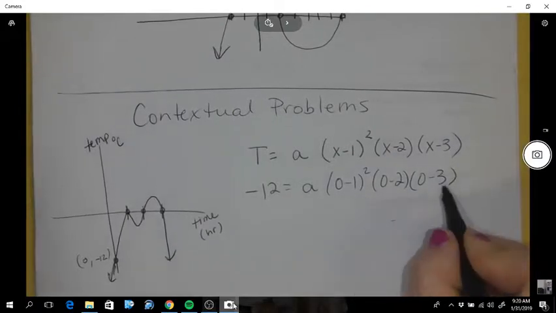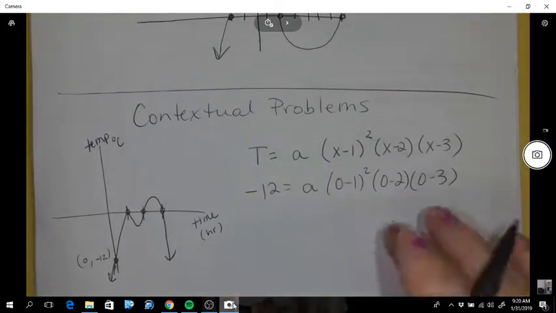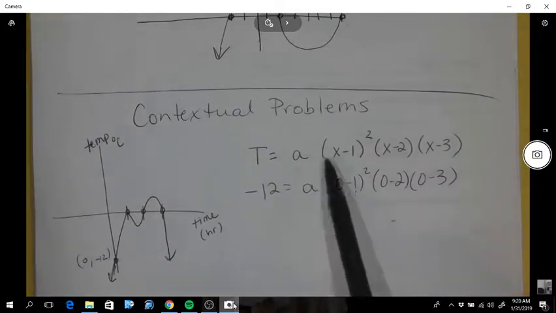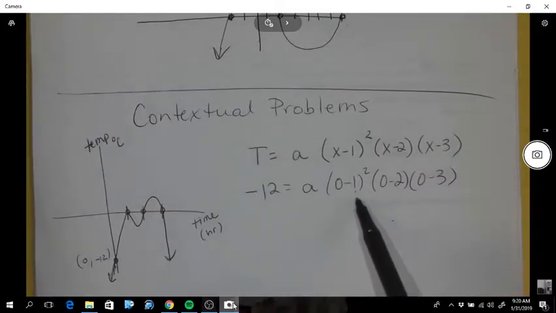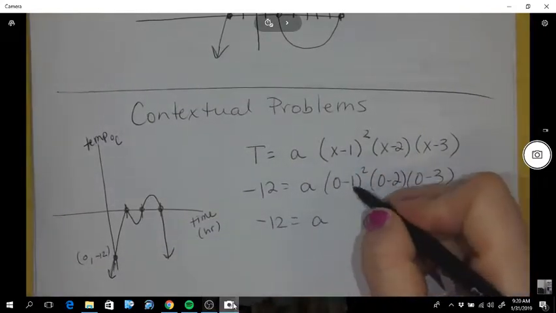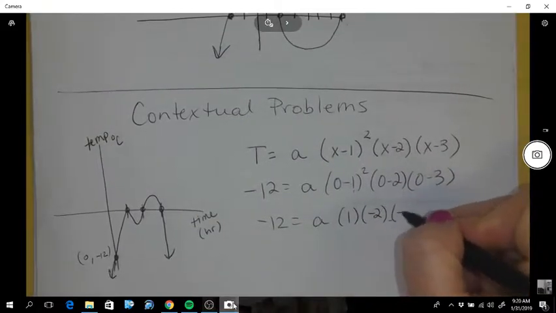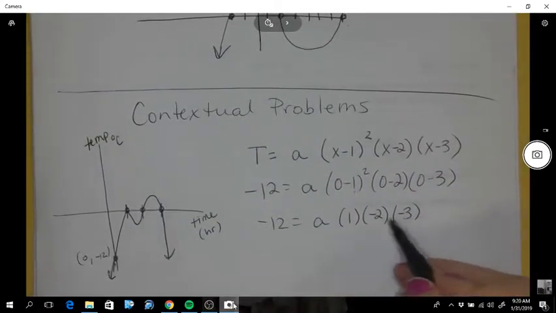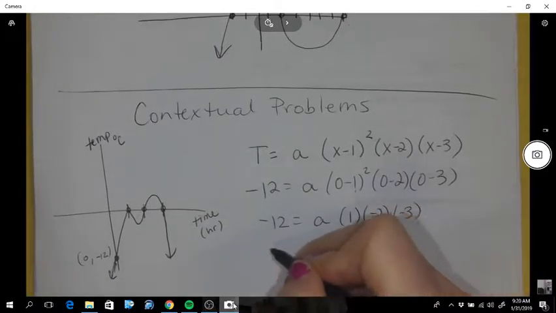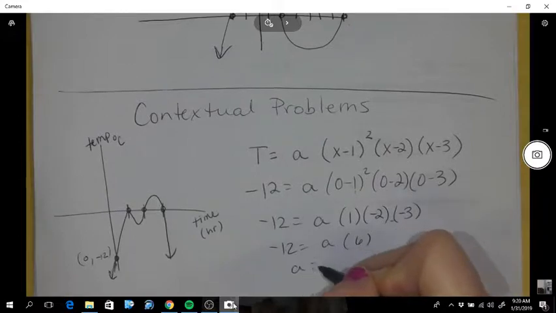So plug in 0 for the x, and the y value is -12, or in other words, the time is 0, and the temperature is -12 there. Okay, so -12 equals the coefficient times -1 squared is 1. So that is 6. So A is the value of -2.